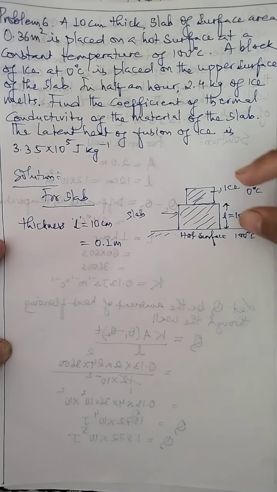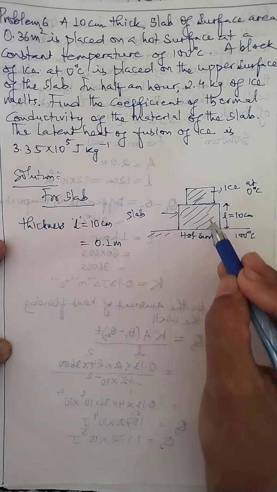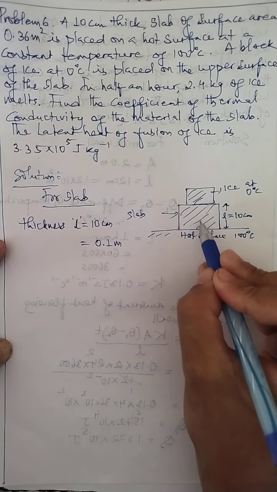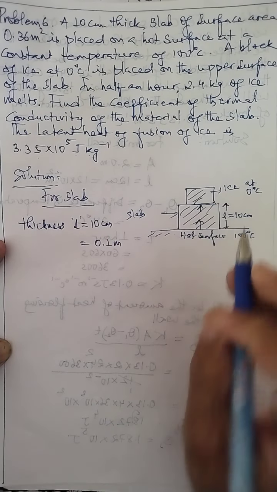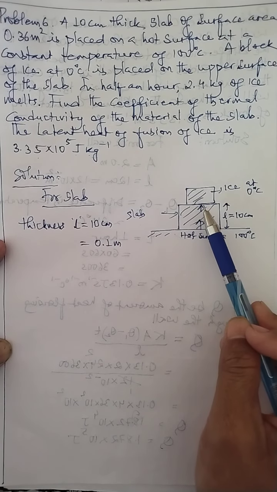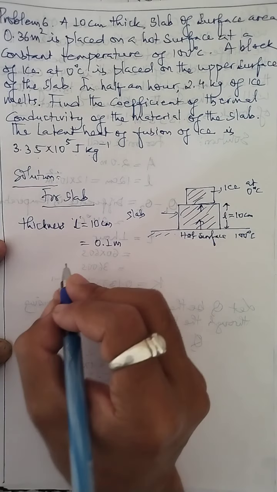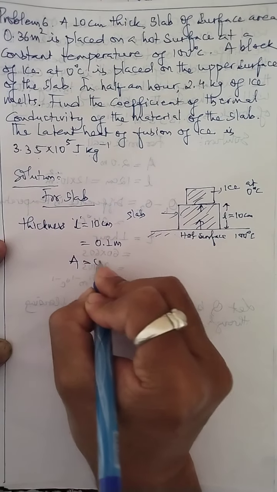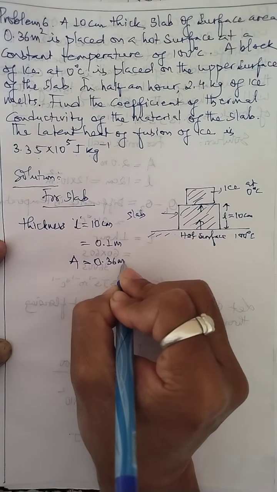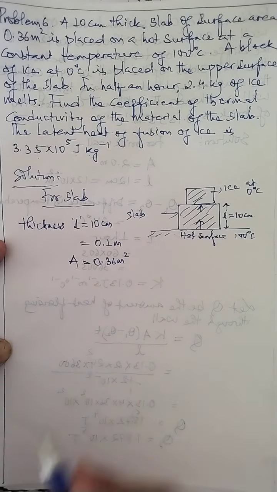When you place this slab on the hot surface, heat flows in this direction, perpendicular to the surface of a certain area. The surface area is given as A, which is 0.36 meter square.